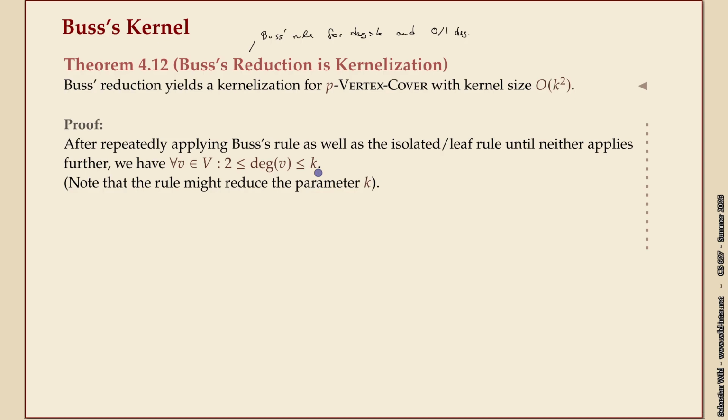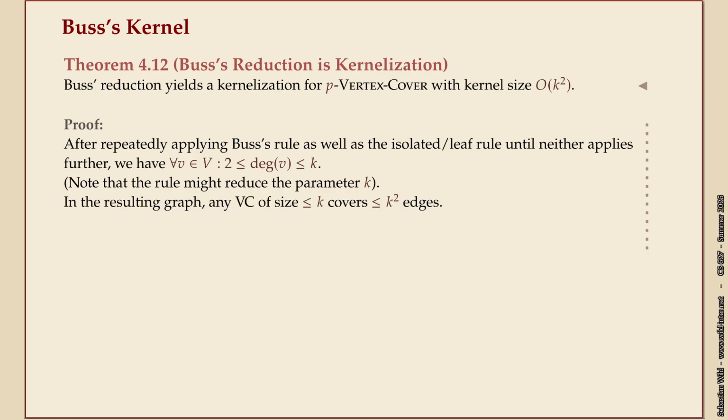This is the original k of the input, but that's, say, a worst case guarantee. Now this means whatever the vertex cover looks like in the resulting graph, if this was a yes instance, it can only contain k vertices. And because these are bounded in degree, I can only cover k squared edges with k vertices in this resulting graph.